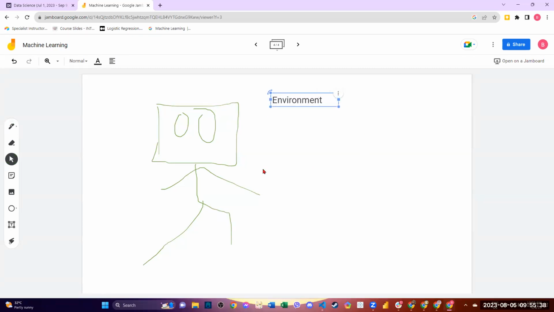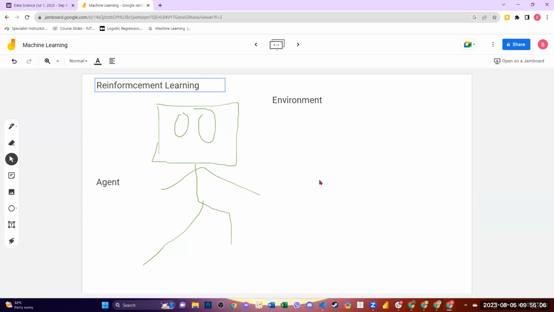So the robot is like an agent in what we call reinforcement learning.